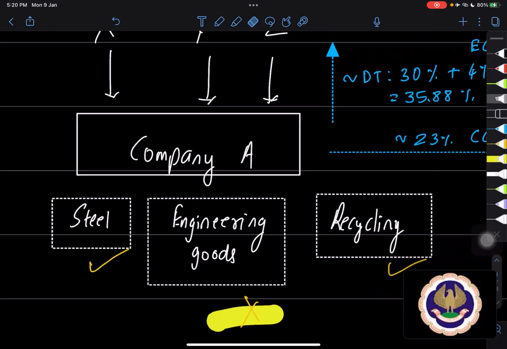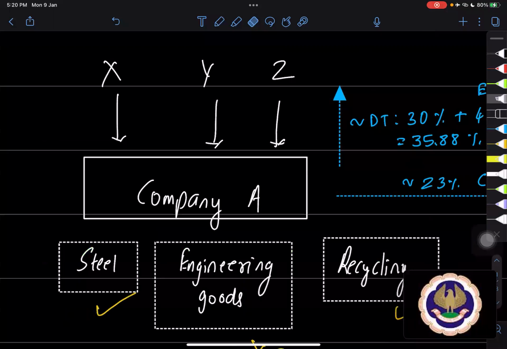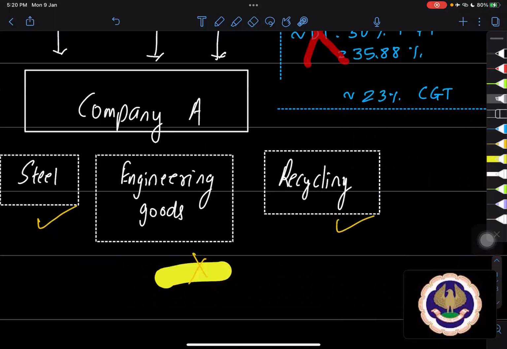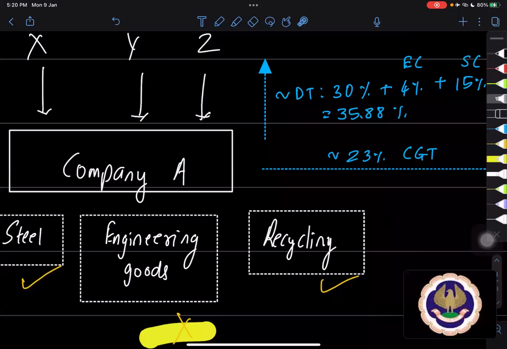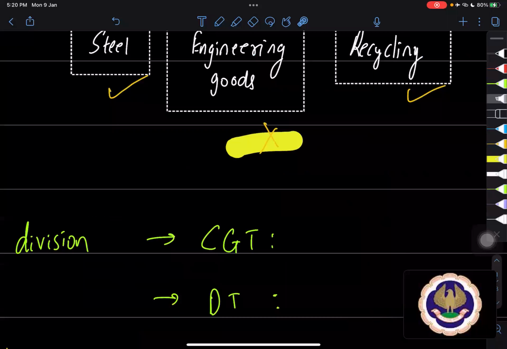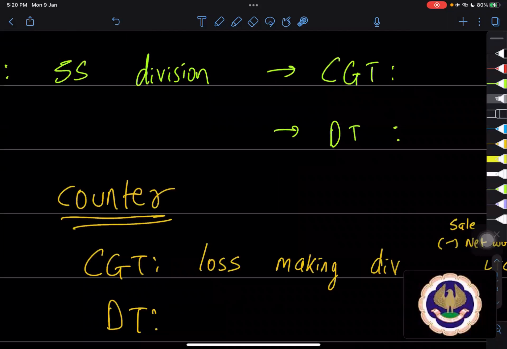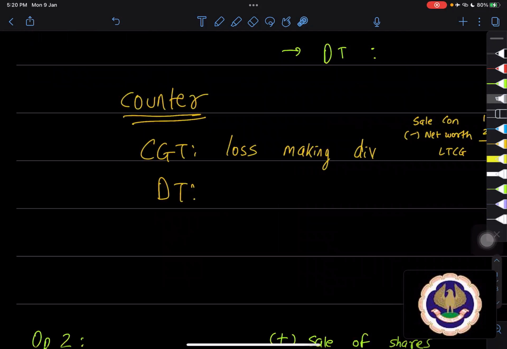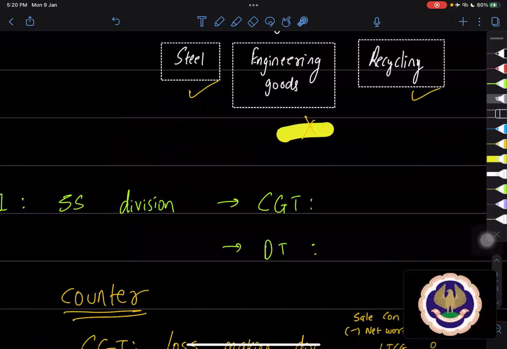When the requirement of repatriation is not there, you can save the dividend tax, and as we discussed, if there is no capital gains, then you can save the capital gains tax. So these are the counters where, if these situations are there, slump sale may still be advantageous, but generally slump sale is not advantageous.